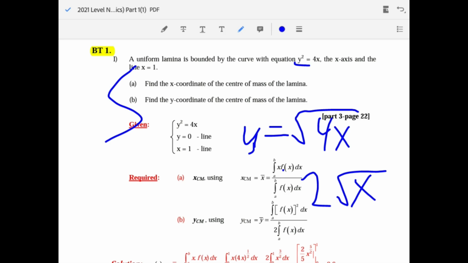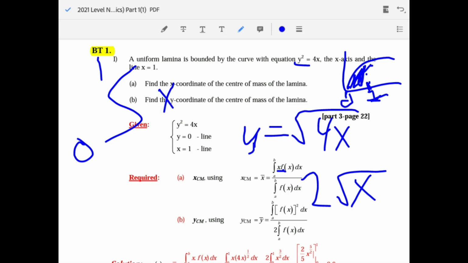If you can imagine the curve, it's like this. So the area between this curve, the x-axis, and the line x equals 1. So the limits, or the boundary, is from this intersection to this intersection. So 0 to 1.